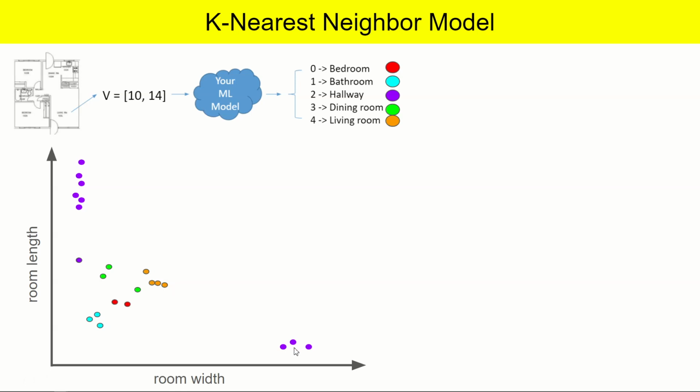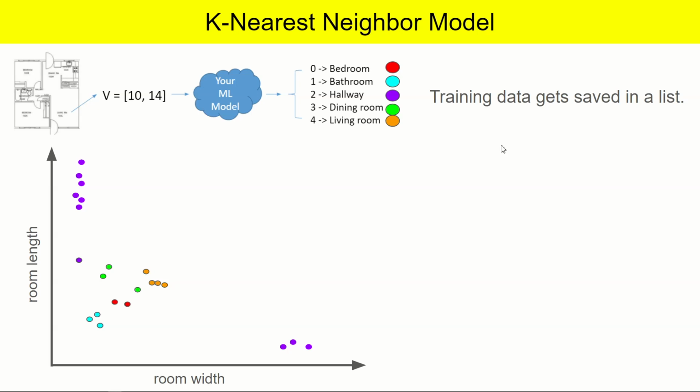And these ones over here are also hallways, probably because whoever recorded this data didn't think about what width means and what length means. So maybe these were hallways going one direction versus another direction. Anyway, as human beings, we could have guessed what a lot of these things were.